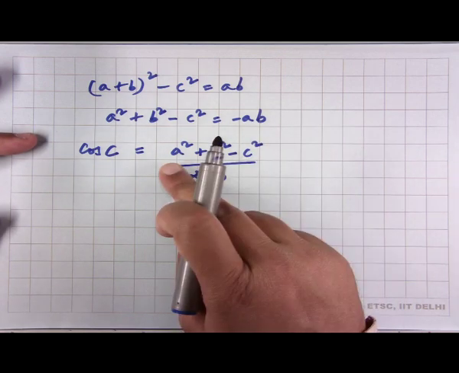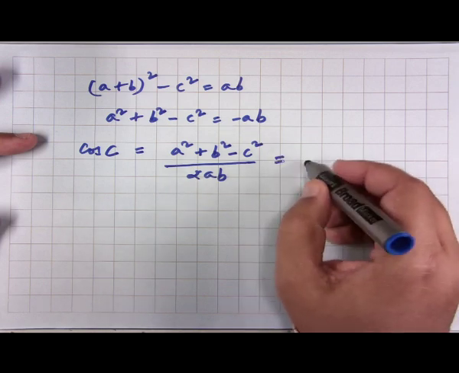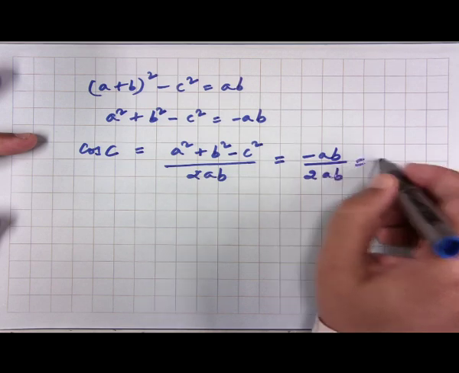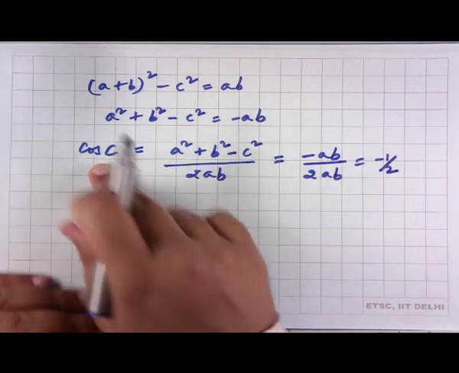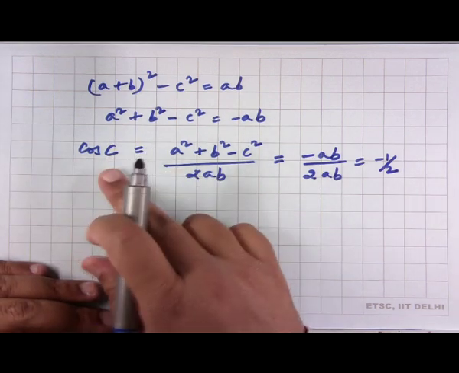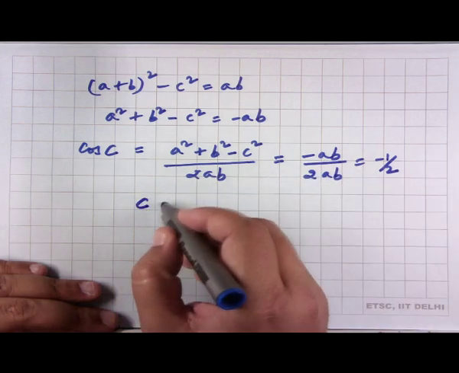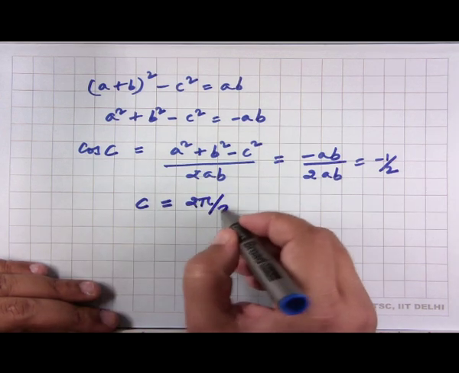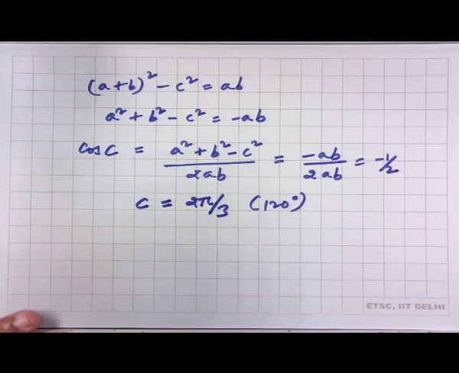But since the numerator here is equal to minus AB, cos C is equal to minus AB by 2AB, which is equal to minus half. Since C belongs to 0 to pi, cos C equal to minus half implies that C is equal to 2 pi over 3, or essentially 120 degrees.